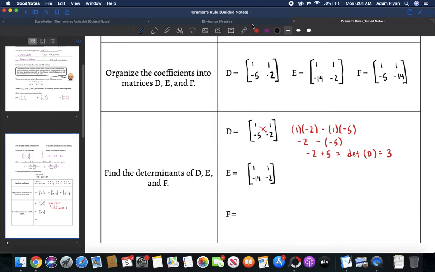Okay, so if I write these in the form AD minus BC, I've got 1 times -2. That was multiplying 1 and -2. Now I'm going to do 1 times -14. Always minus in between.